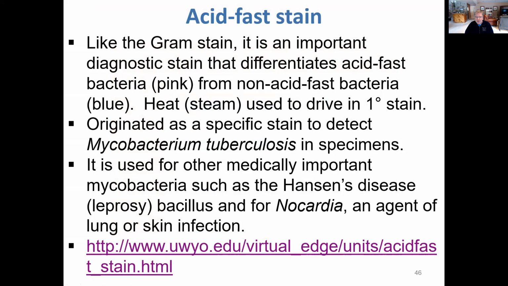But it was originally invented, if you will, the acid-fast stain, to allow scientists to see Mycobacterium tuberculosis, which is the causative agent of TB. It's since been used also to diagnose or identify leprosy. Maybe you've heard of Hansen's disease, it used to be called leprosy.